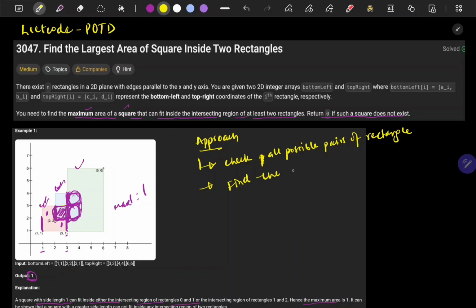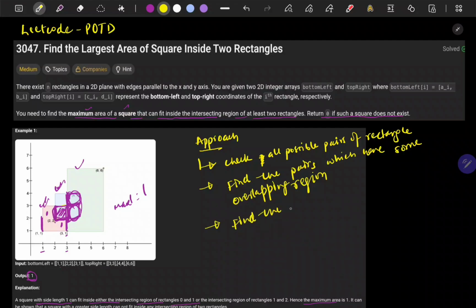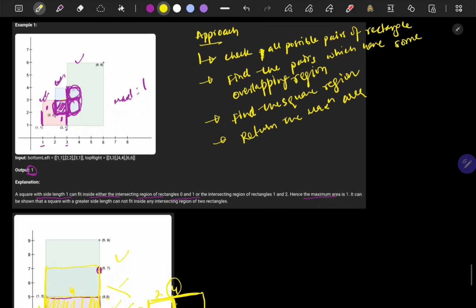Find the pairs which have some overlapping region, because only then will we be able to fit some square. Then find the square region, and return the maximum area. This is the simple approach which comes to mind, and we will follow this.